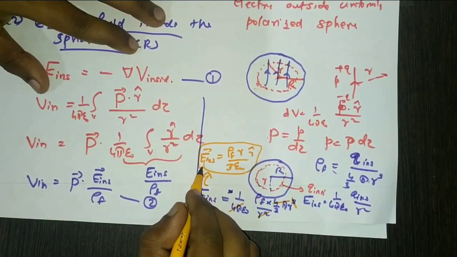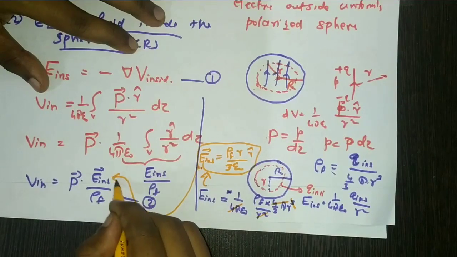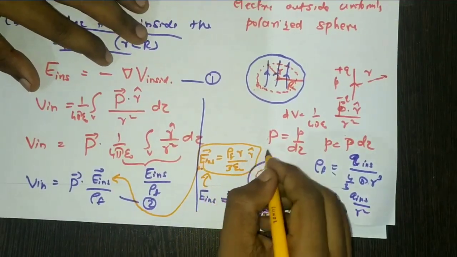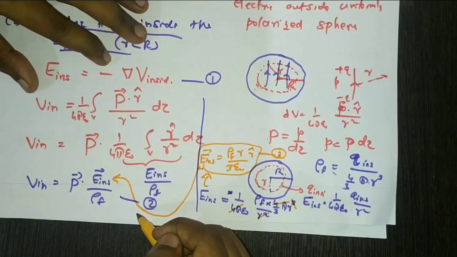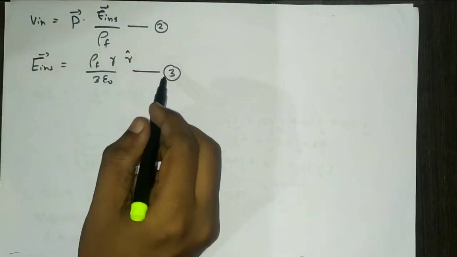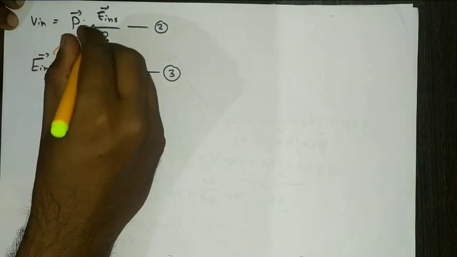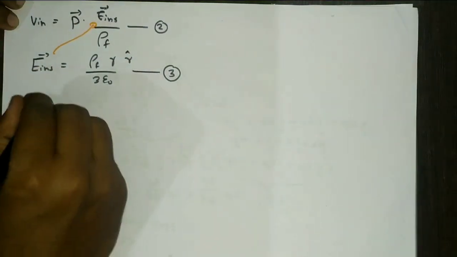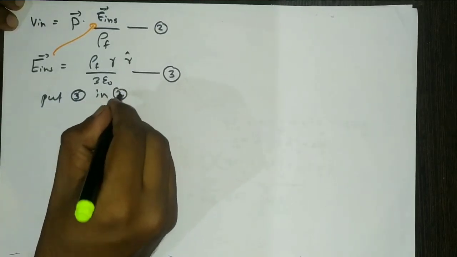Now I am going to substitute this expression here. If I put this as equation number 3, I will substitute equation 3 in equation 2. I copied equation 2 and equation 3 to the new page, and here I put 3 in 2.